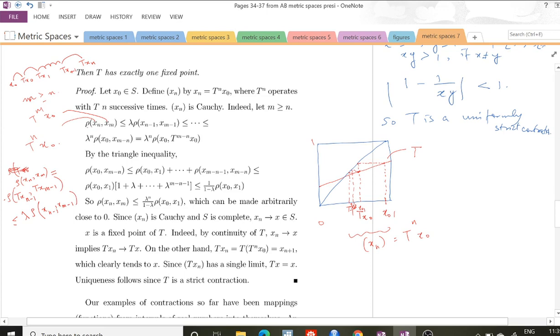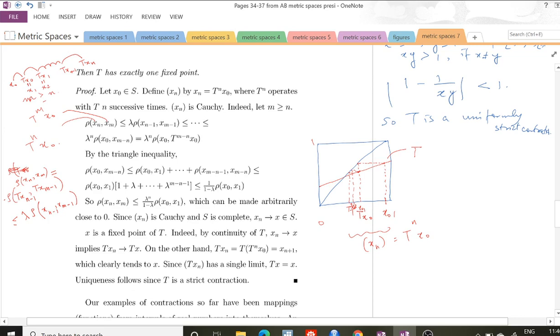So once again, the xn is obtained by n hops from x naught, okay? So I go to Tx naught, that's something that I'm calling x1, right? I hop once from there, so that's Tx1, which is my x2, and so forth.